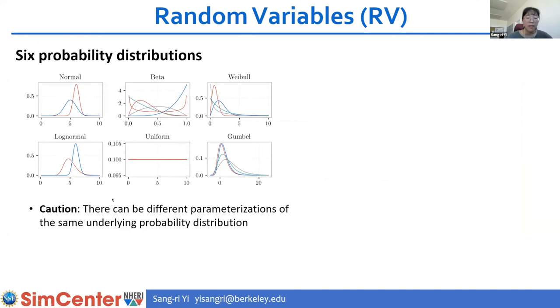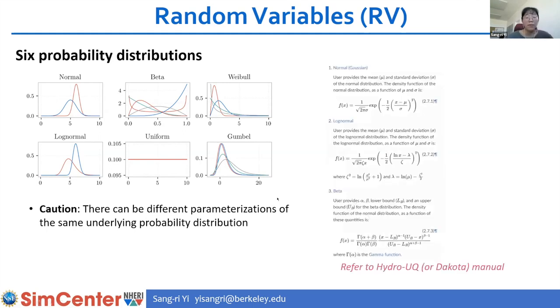One thing I wanted to mention is that even for the same distribution, there can be different ways of parameterizing it. So I recommend that before defining parameters and putting in the parameter values, please check our manual and make sure that the PDF parameters you are thinking of correspond to the PDF parameters we are providing.